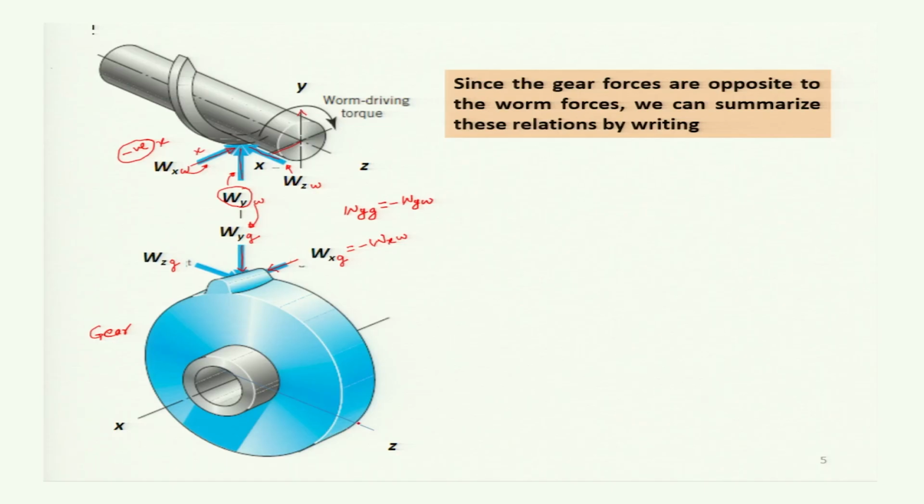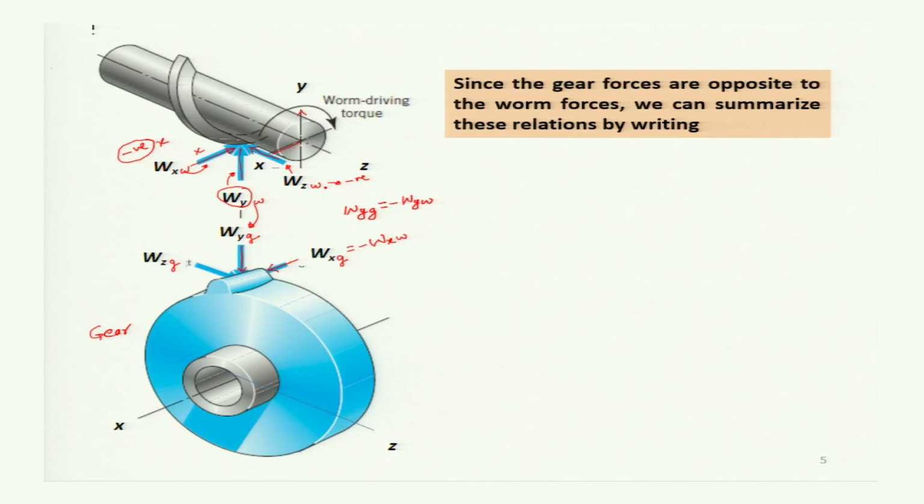Now, let us see the force acting in the direction of z on the worm. Wz worm is acting in the negative z direction. So, on the gear Wz gear will act in the positive z direction.